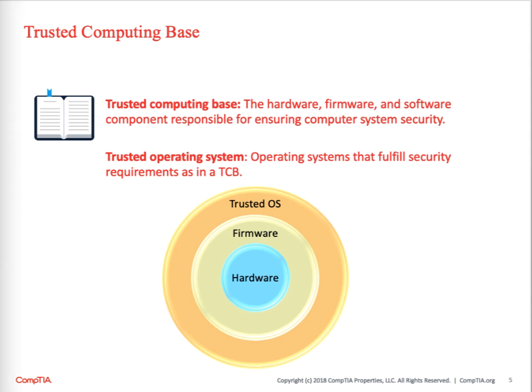So, a trusted operating system is one that fully complies with any security requirements that are established in the common criteria. The common criteria is a set of standards that are developed by a group of governments working together for creating a baseline of security assurance in a product, right?